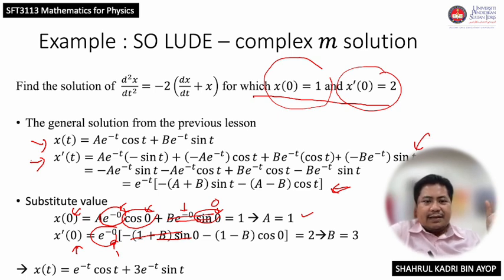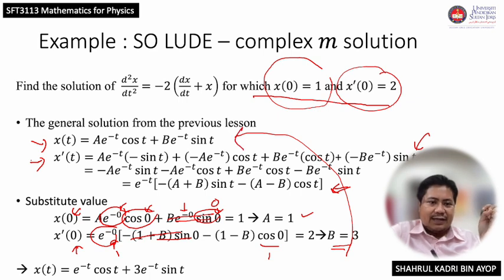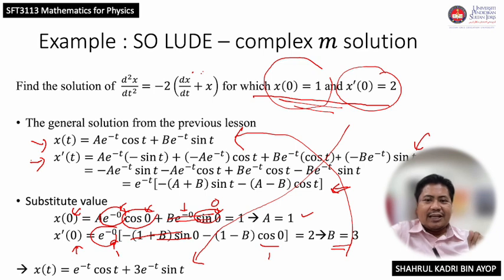Finally we get B equal to 3. Then we substitute into our general solution. So for this particular second order linear unforced differential equation with this condition, the solution is given by this.